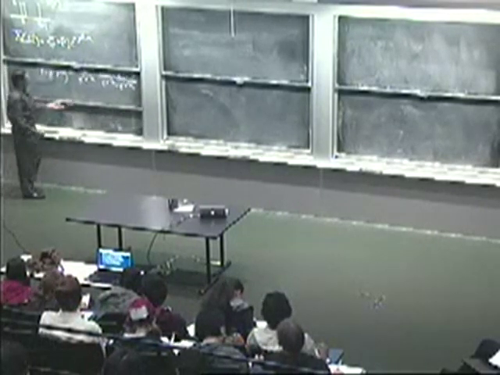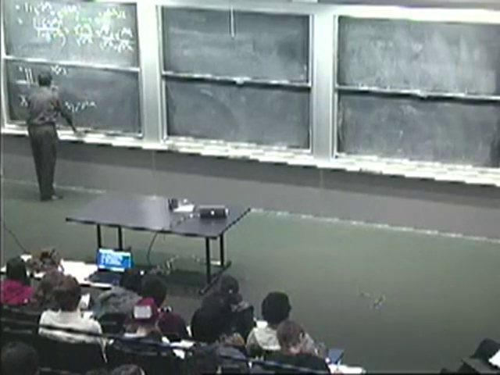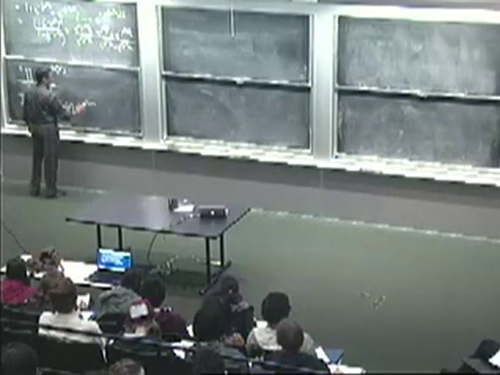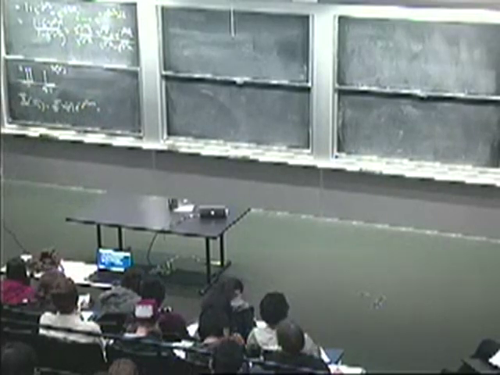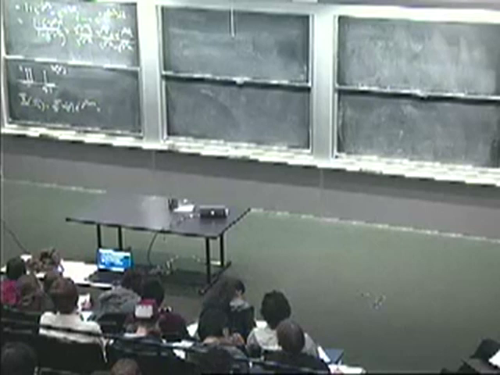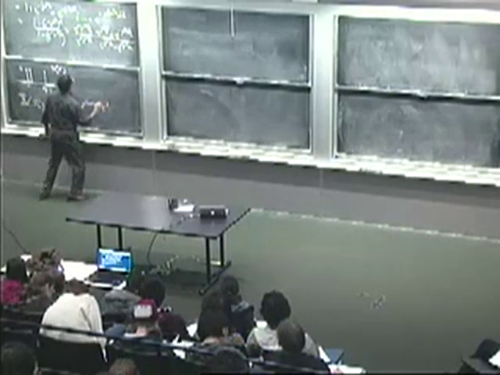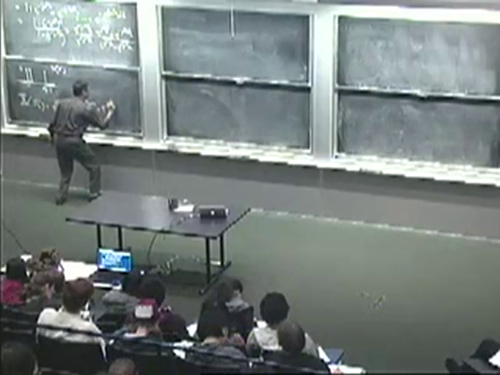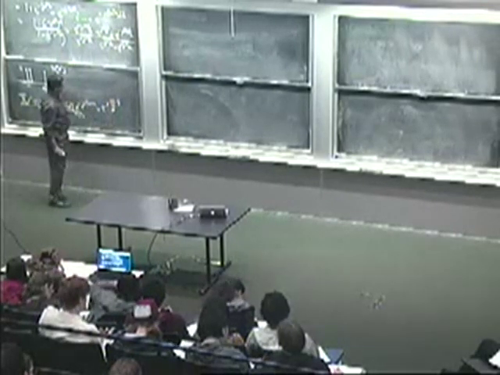Have I helped myself at all? So what does that simplify to? Well, the factor in front I can write as some phase term e to the minus j omega n minus 1 over 2.